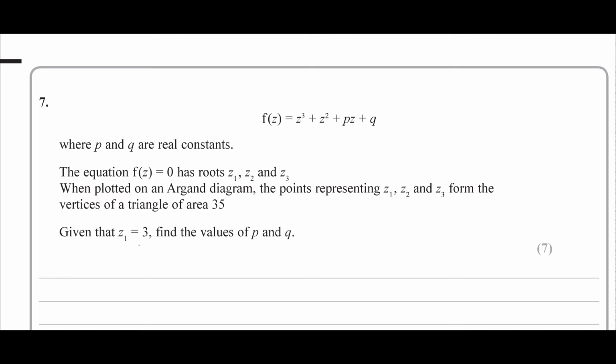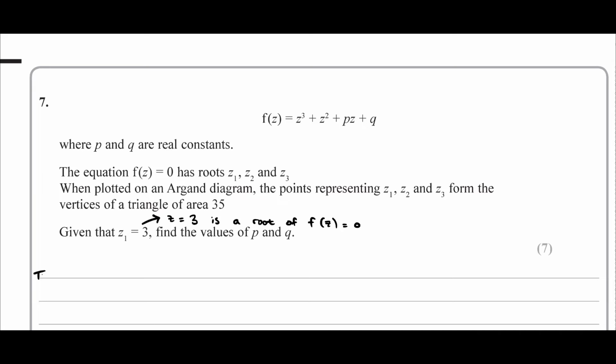Well, if z1 equals 3, we know z1 is a root, so z equals 3 is a root of f of z equals 0, and because of that, through the factor theorem, we can work out the value of f of 3 equals 0.